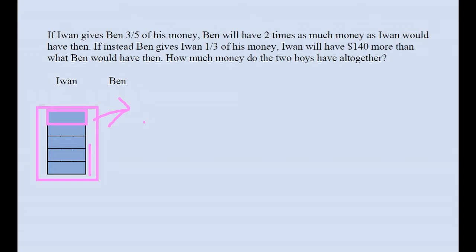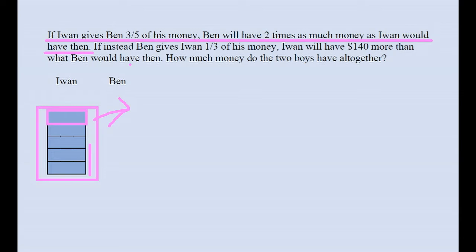And yes, you have to read the first sentence of the problem and decide: if you choose to represent Ivan's money with 5 identical pieces, you need to represent Ben's money with only 1 piece. Only then will this statement be valid.